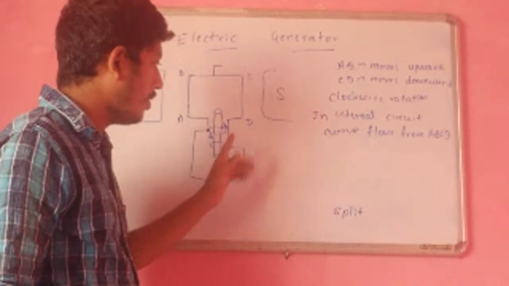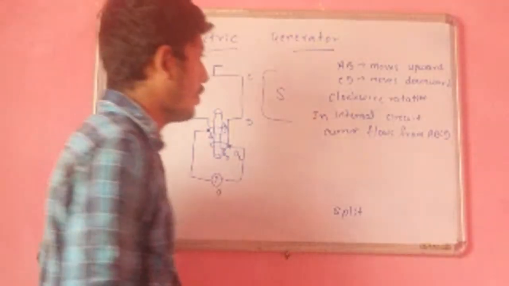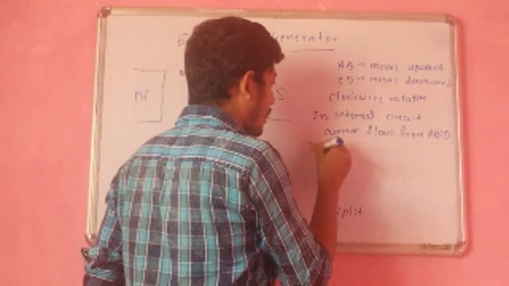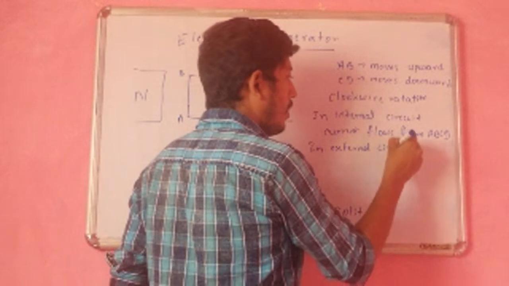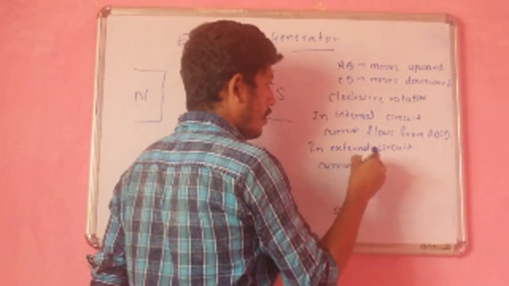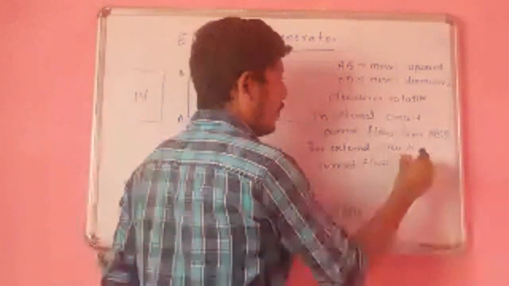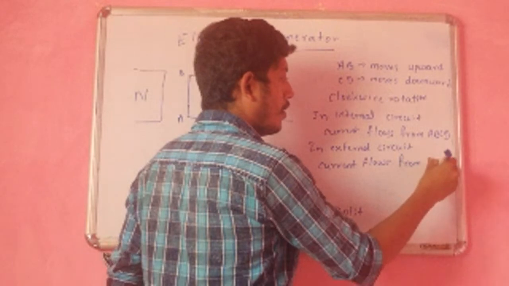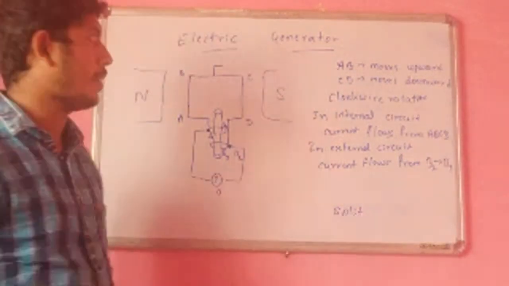So this is brush B2, then it comes to B1. In the external circuit, current flows from B2 to B1.